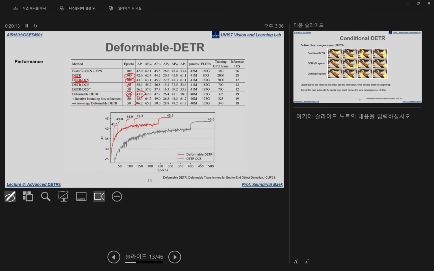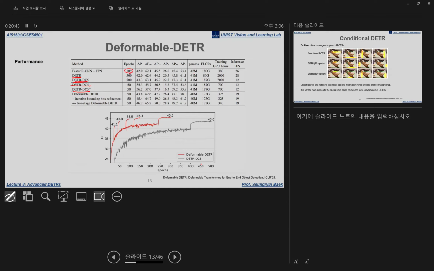And this shows the DETR architecture trained for only 50 epochs. You can feel that the original DETR with fewer training epochs is inferior to the deformable DETR with the same epochs. This is AP, which is the accuracy, and higher is better. So you can feel that.